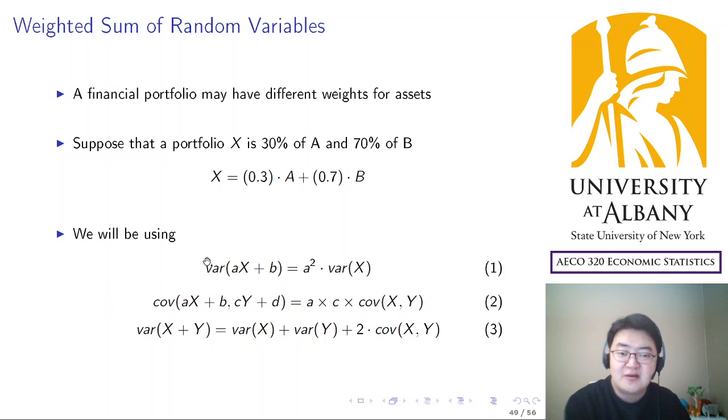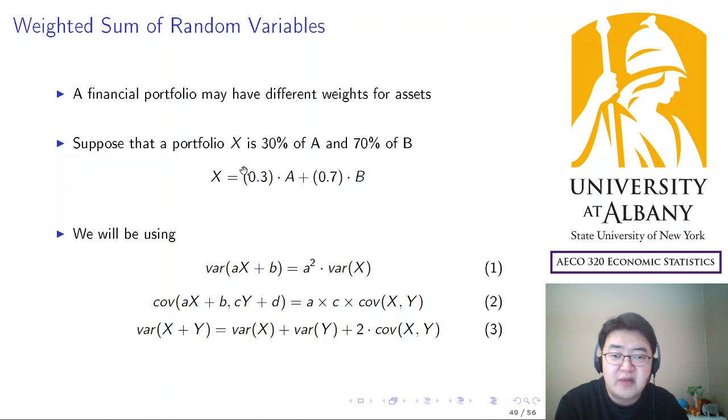Already it becomes complicated. First, variance. When you multiply something by a constant, the variance is multiplied by the constant squared. That's what I need from the first equation. We learned it in chapter 4. The second result implies that when you multiply A and C to two variables, their covariance is multiplied by A and C, not by an additive constant.